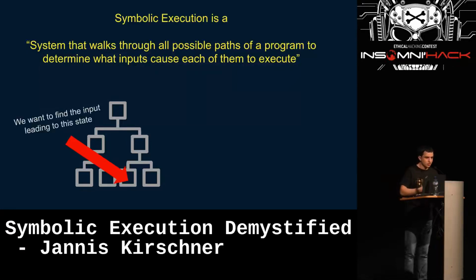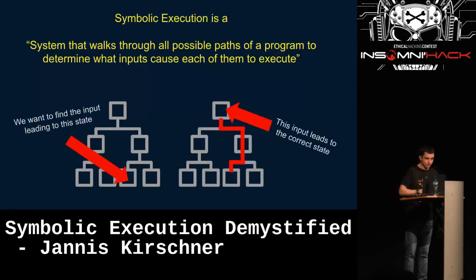The symbolic execution tries to match those binary states to an input. We can visualize your binaries as a tree with your basic blocks and the branches. It walks those and it matches binary states to input.